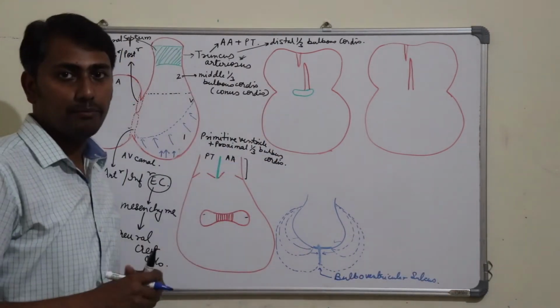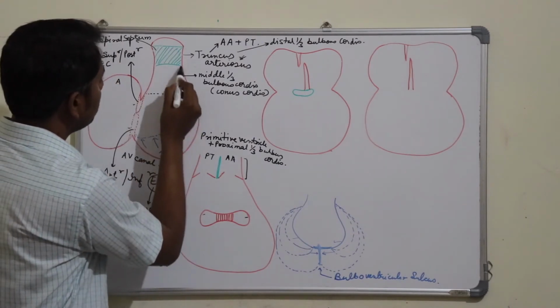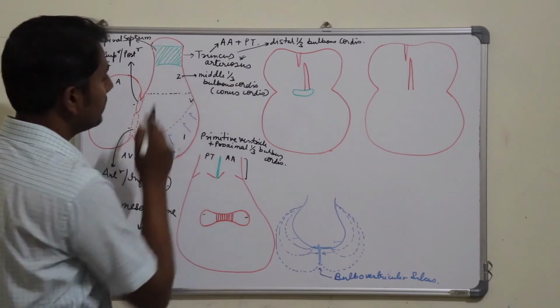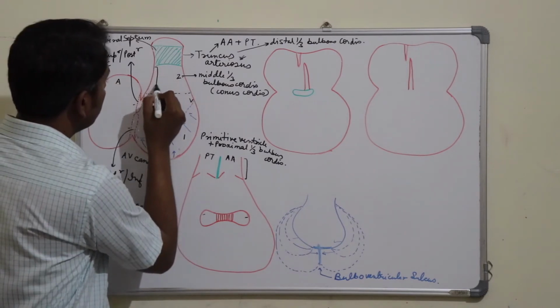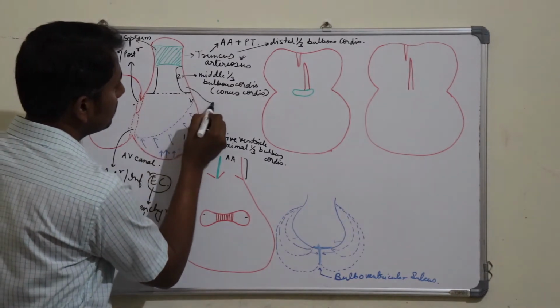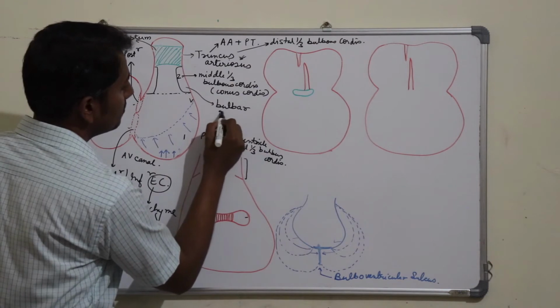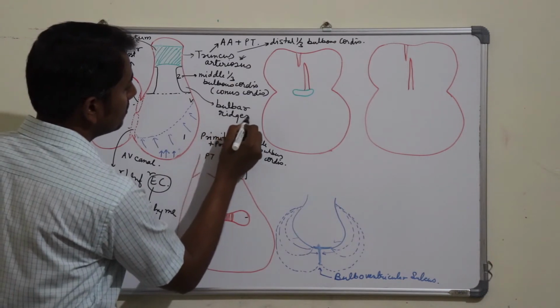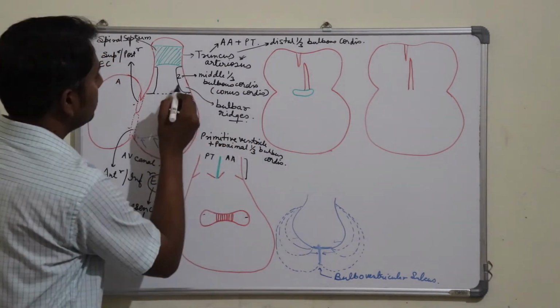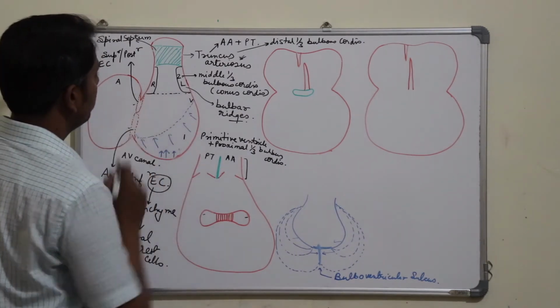Now the second component. Two ridges are formed in this conus part of the bulbus cordis, which are known as bulbar ridges. This is the left bulbar ridge and this is the right bulbar ridge.